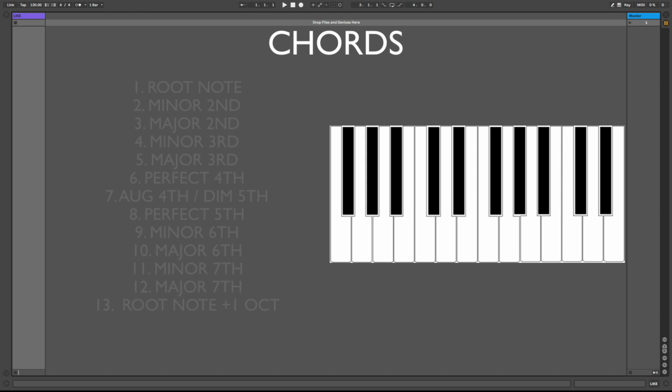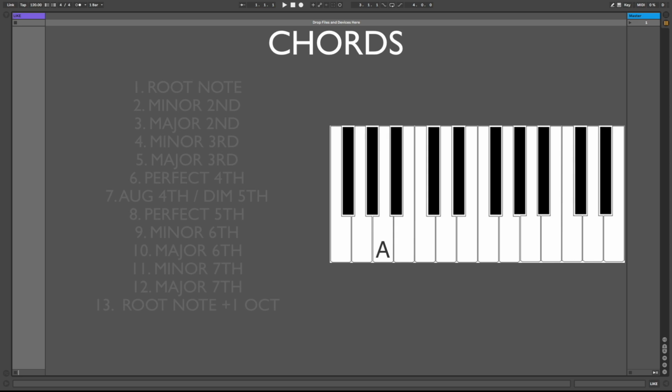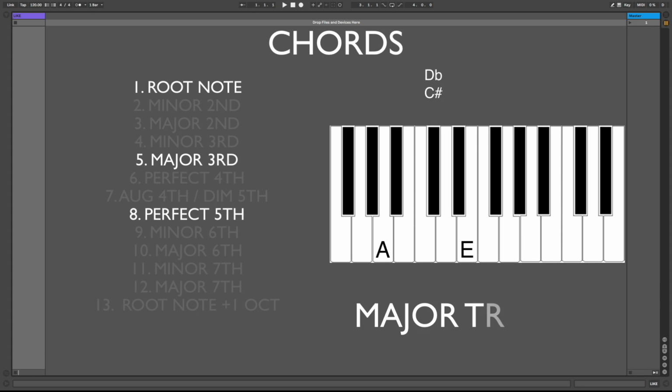So if A is our root note, and we added the minor 3rd interval above the A and the perfect 5th, this would be known as a minor triad. If we played the A, the major 3rd, and the perfect 5th, this would be known as a major triad.